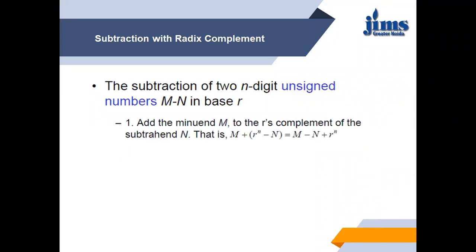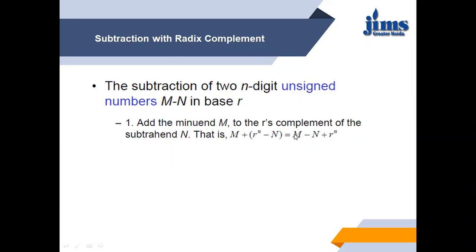Now the algorithm is like this: add the minuend m to the r's complement of the subtrahend n. So we take the r's complement of this number n, which represents minus n. We first take the r's complement of n, then add it to m, that is m plus, and the r's complement is r to the power n minus n.